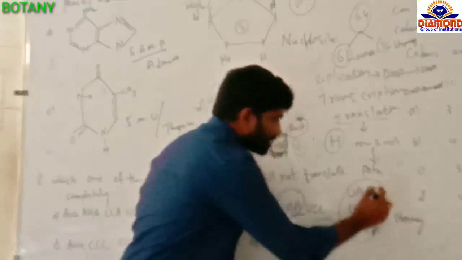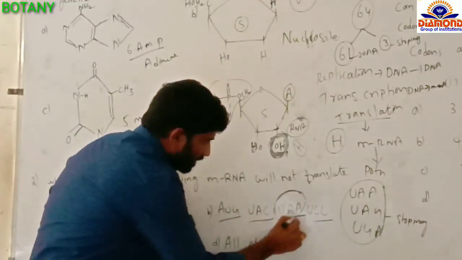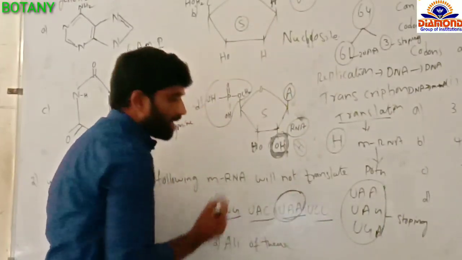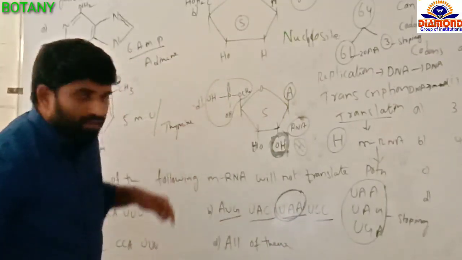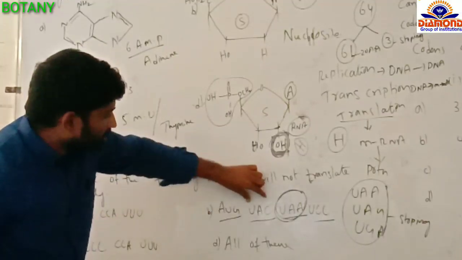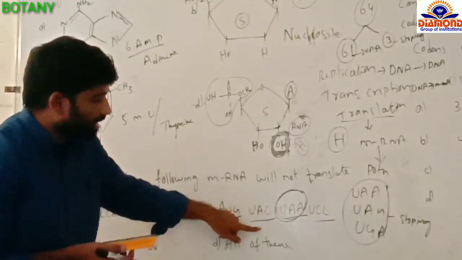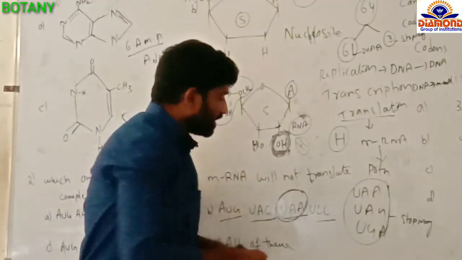So in option B, UAA is present in the mRNA before the UCC. At the time of translation, AUG will be coded by one amino acid and UAC by another amino acid. But UAA is not coded by any amino acid.